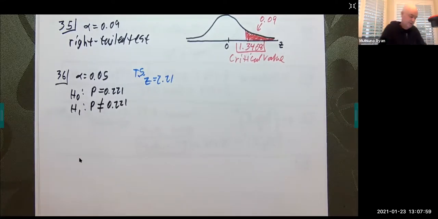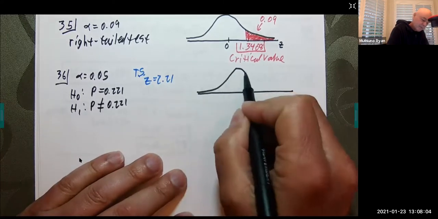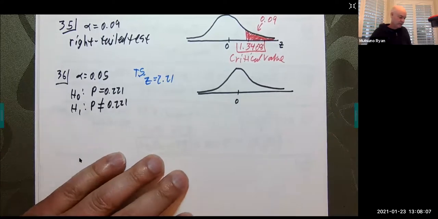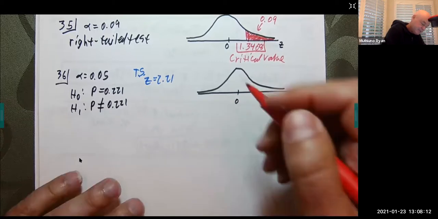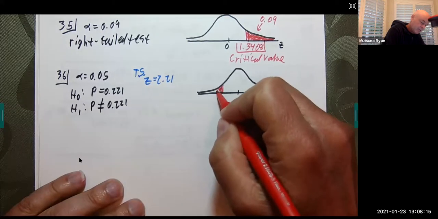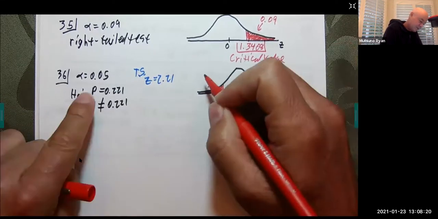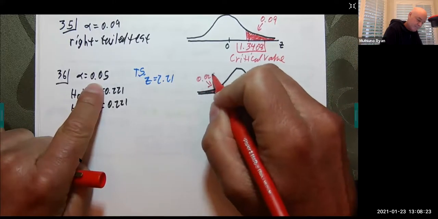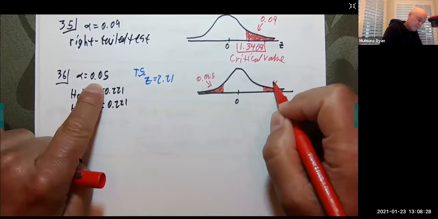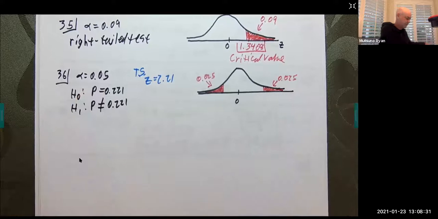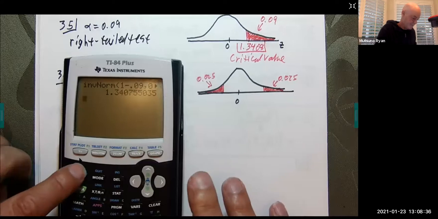Let's set up our critical region. This is a proportion, so we're using z. Because it's not equal to, it's a two-tail, so my alpha gets split in half. So I'm going to find my critical values using inverse norm.